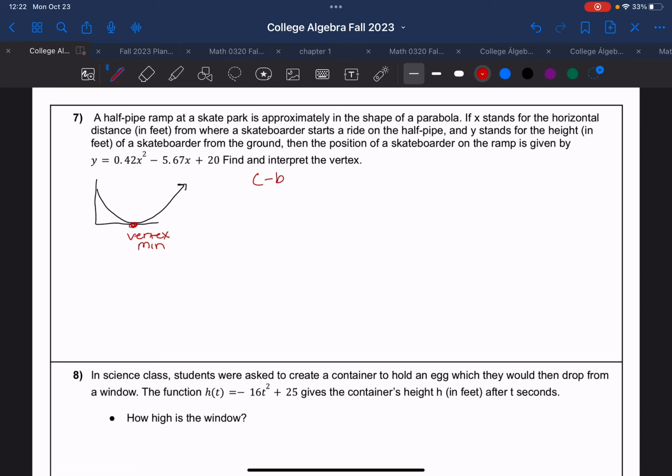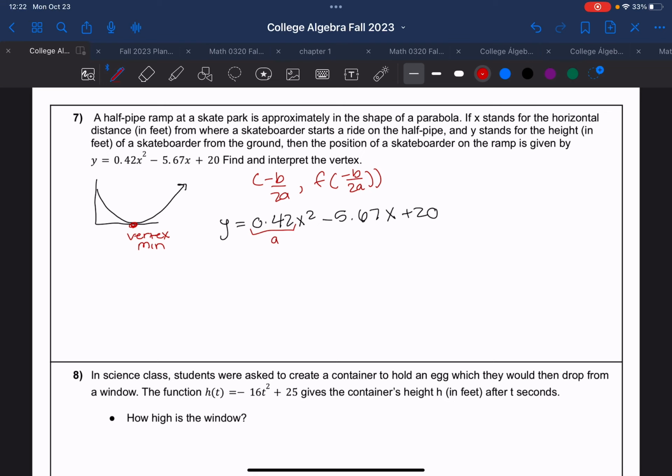So negative b over 2a, and then plugging in whatever we get for negative b over 2a back into our function. Okay, so our function y equals 0.42x squared minus 5.67x plus 20. I'm going to go ahead and label my a and my b values since those are the only values we're using here.